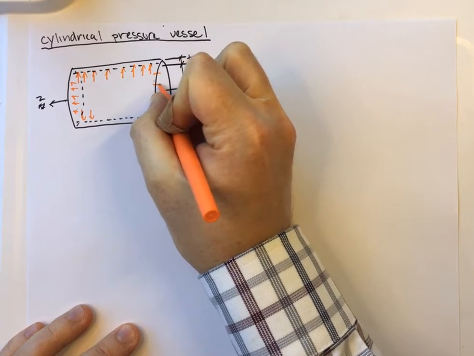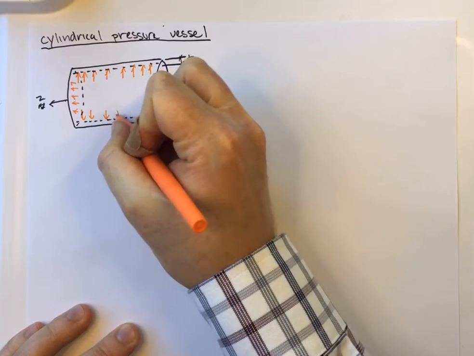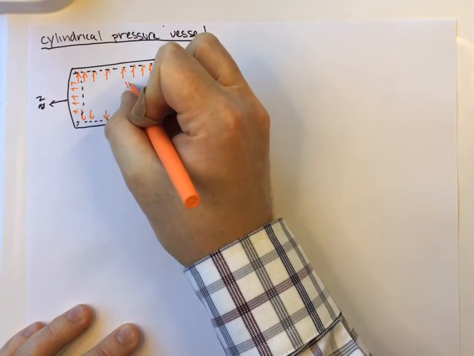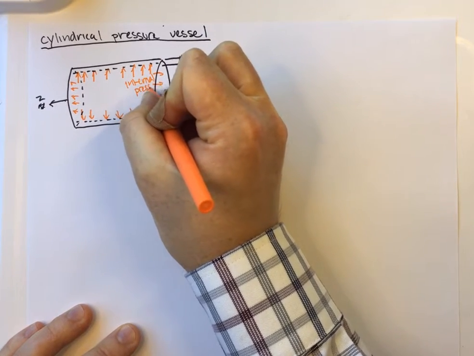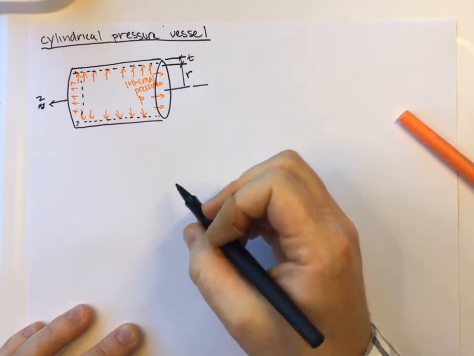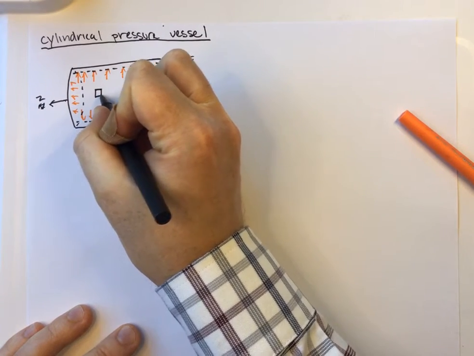We have some pressure acting on this face as well, and some pressure acting on the bottom here. That's all due to some internal pressure, and I'm going to say that's P. And what I want to do is consider some block of stress right there.